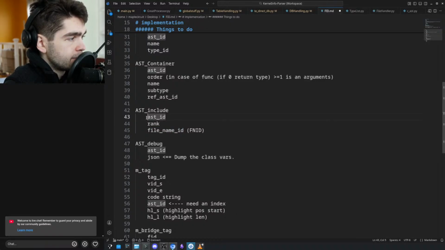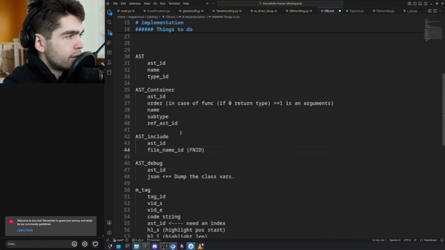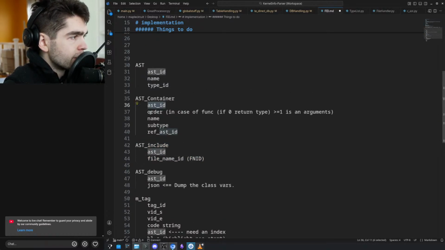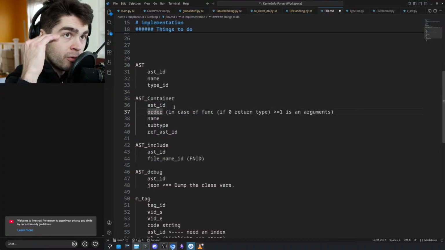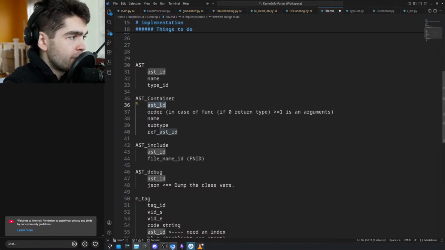Now, you're going to need multiple of those in order to make it make sense. I guess it doesn't work with includes. It works with container, okay? With container, you might have multiple things with the same ID but with a different order number. So yeah, we need to account for those as well.